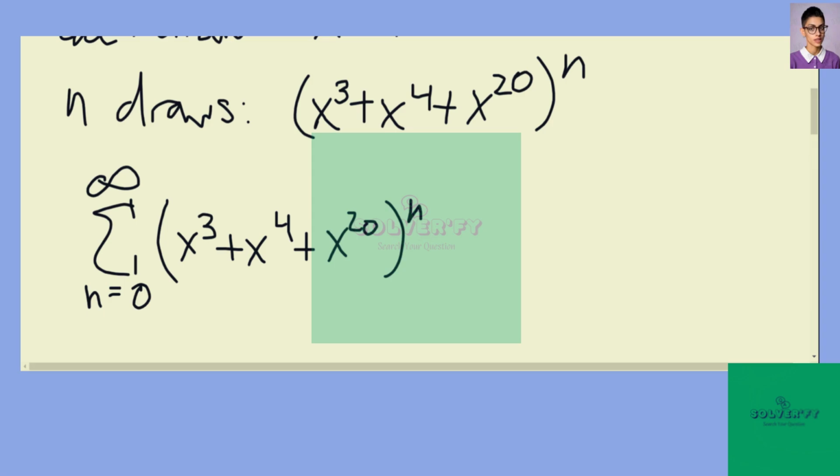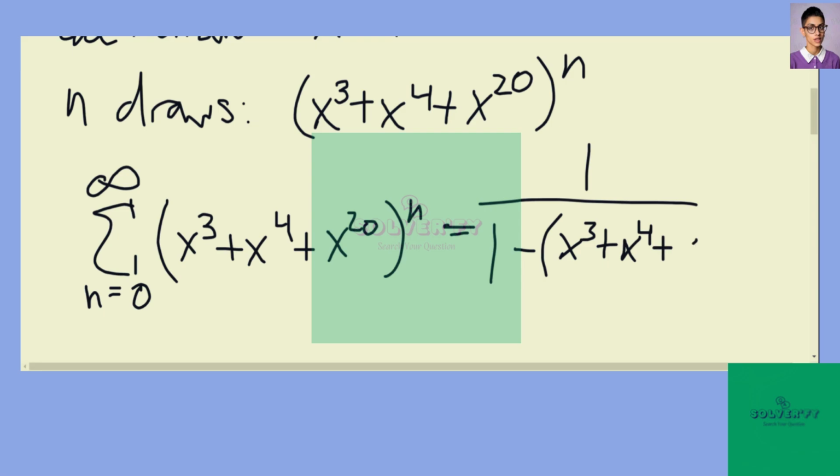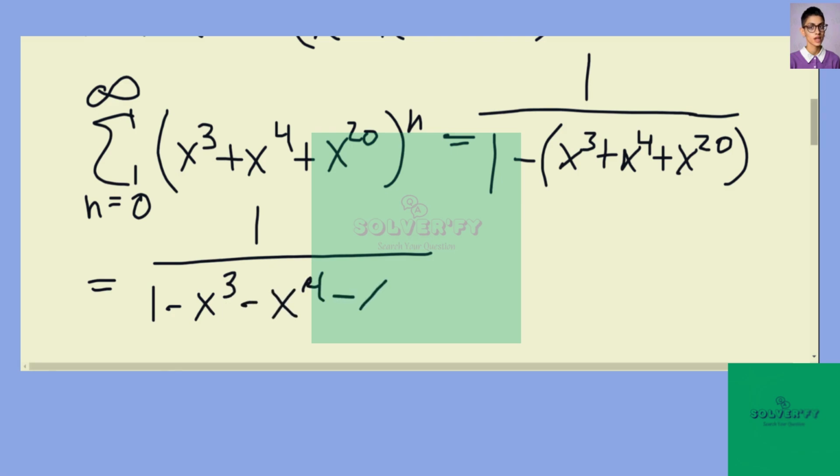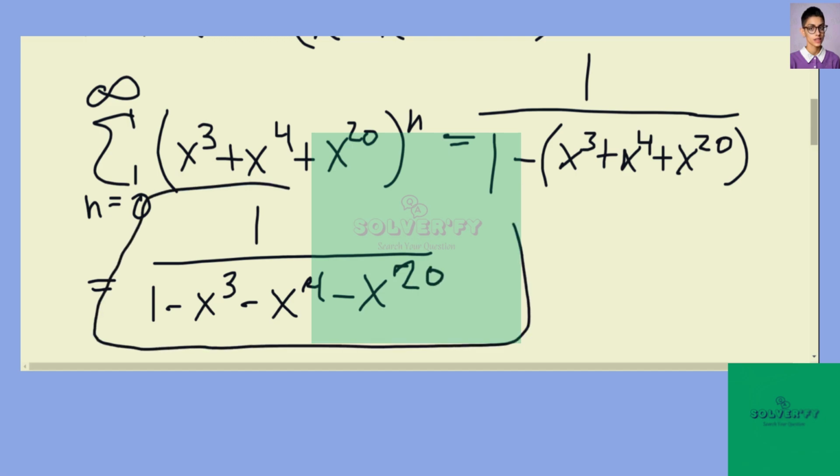We can rewrite this as 1 over 1 minus x cubed plus x to the fourth plus x to the 20th. And this can be rewritten as 1 over 1 minus x cubed minus x to the fourth minus x to the 20th. This is the answer for part B.